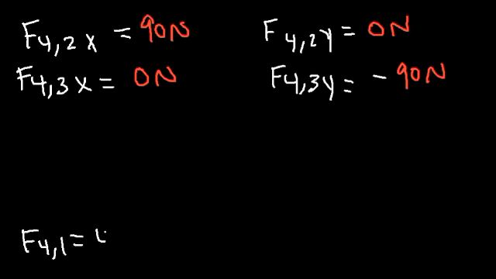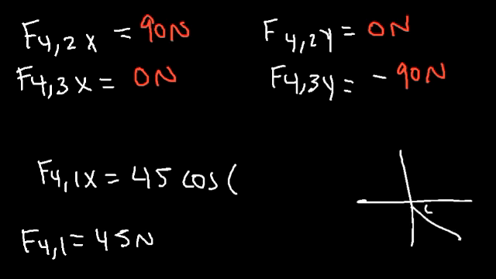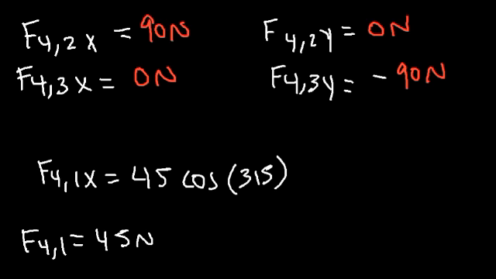So using that angle, we could find the x and y component for F41. So the magnitude of F41 is 45. To find the x component, it's simply going to be 45 cosine of an angle of 45. Now that's the reference angle, but the actual angle, if you place it based on the correct quadrant, the reference angle is 45, but the actual angle is 315. 315 is in quadrant 4. So cosine 315, that's positive root 2 over 2. But let's get the decimal value. So 45 cosine 315, that's going to be 31.82.